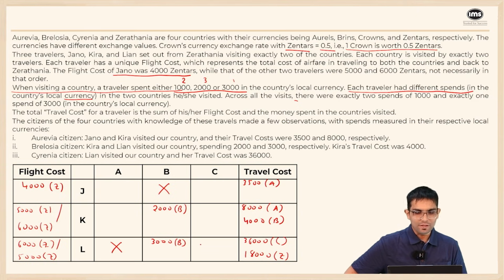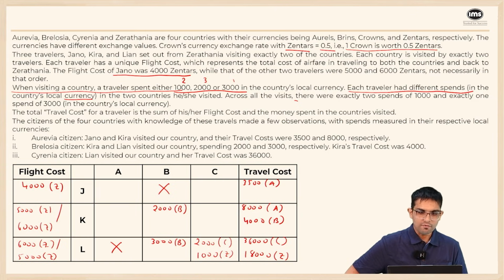But in that case, if this becomes 1,000 C, that will make it 500 Z, and if we sum total these things, it can never have something in thousands. So this has to be 2,000 C, and if it is 2,000 C, that means it is 1,000 Z. So out of 18,000, this 1,000 is taken care of.